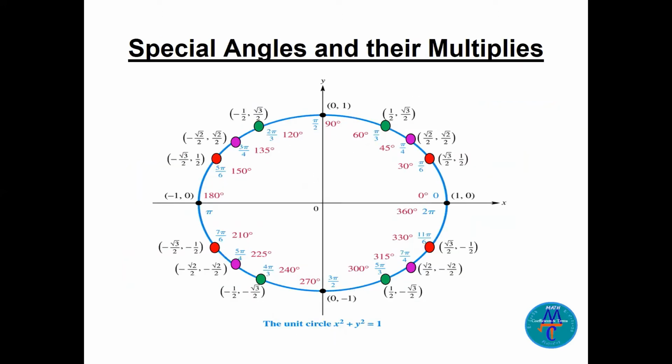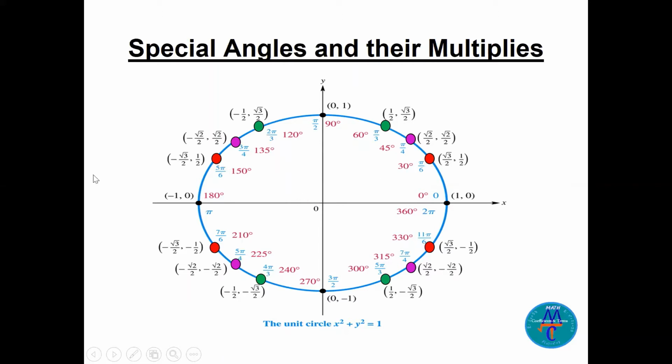Also in this slide, I put here the special angles and their multiples. Let's concentrate on the angle 30 degrees, which is pi over 6. You see this one here, this is the red color. This one is the point square root of 3 over 2 comma half, because the sine of 30 is half and the cosine is square root of 3 over 2. Now, a multiple of that will be 150. Angle 150 lies in quadrant 2.